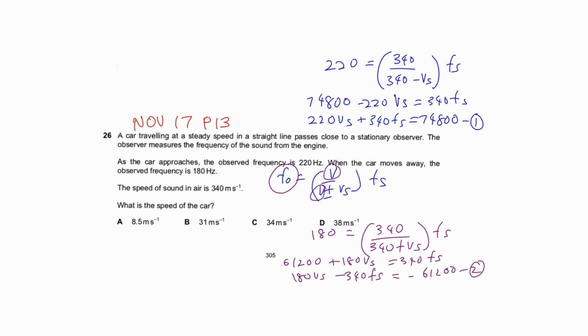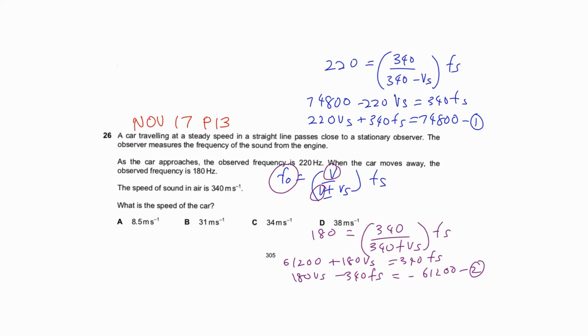Now for this question, when the car is moving in a straight line towards an observer, they said that the observer measures the frequency of the sound from the engine. So when the car approaches, he hears this frequency, moves away, he hears this frequency, and they give you the speed of sound in the air. So what is the speed of the car?